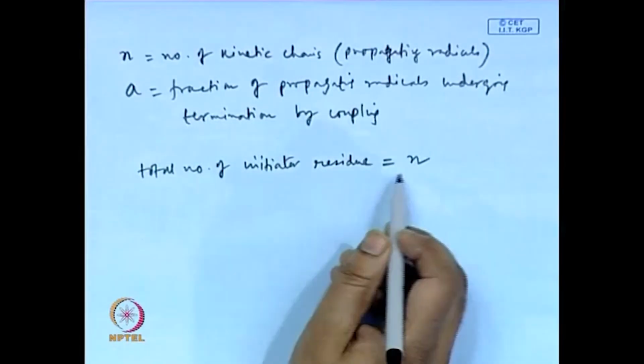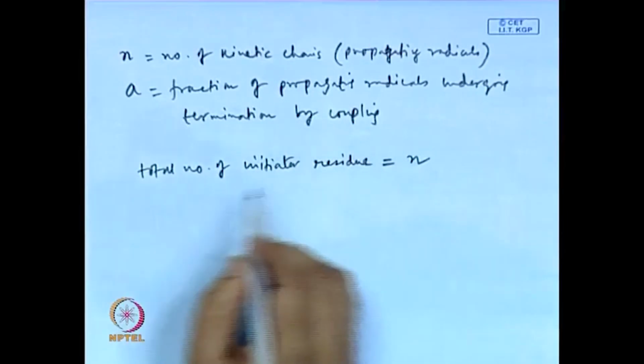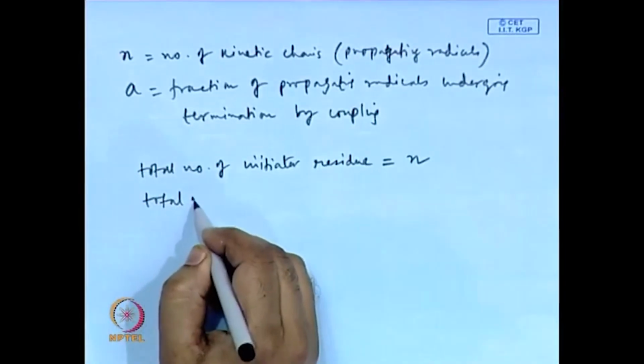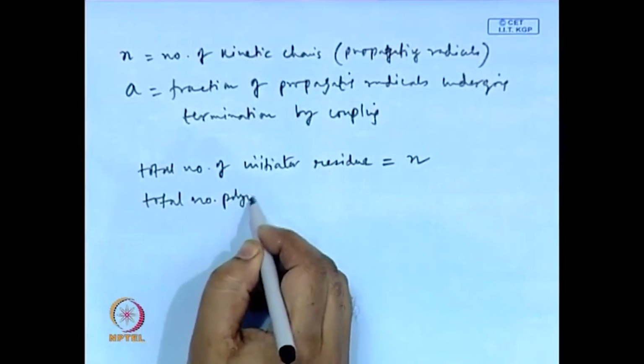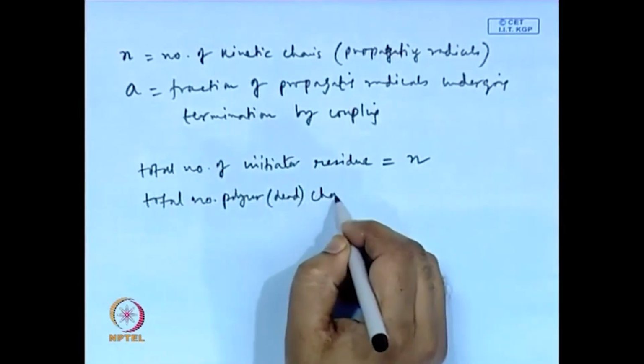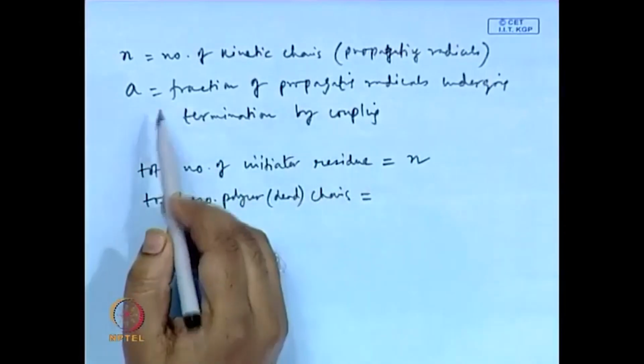So, the total number of initiator residues in the sample is N, and the total number of polymer chains, polymer meaning dead chains, is as follows.